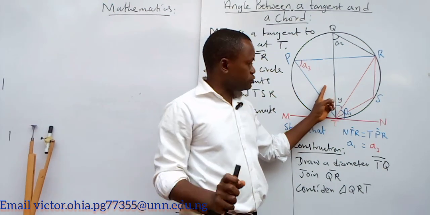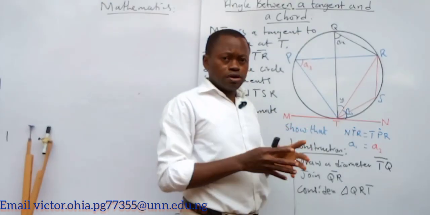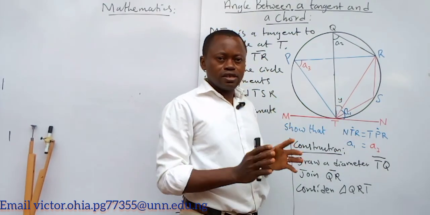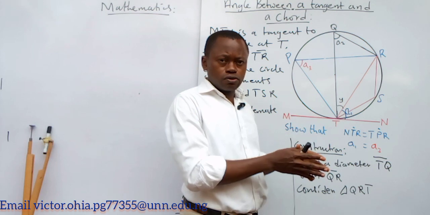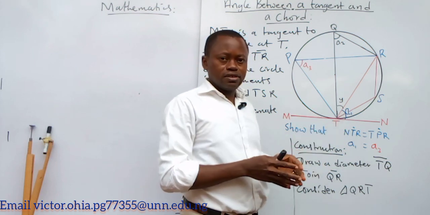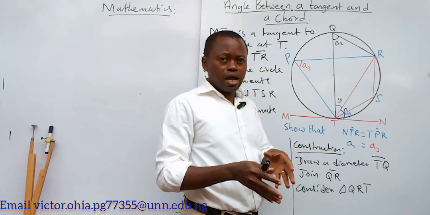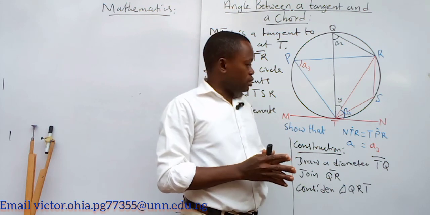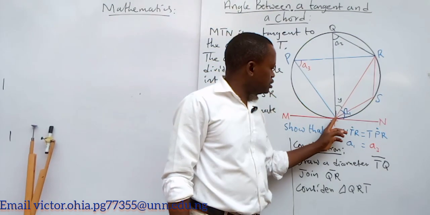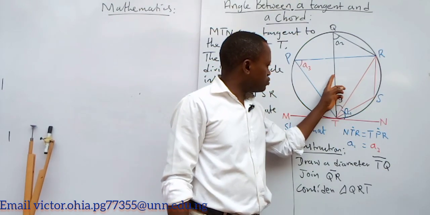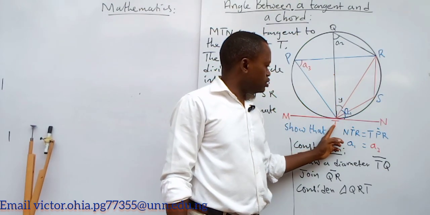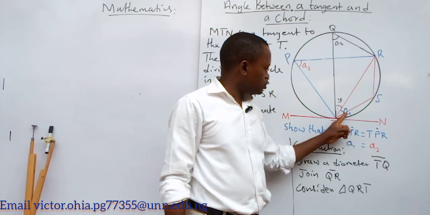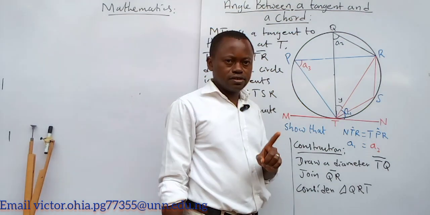The theorem of radius and tangent says that a line drawn from the center of the circle to a tangent is at right angle to it, meaning it is 90 degrees. So the angle at the center between T and N is 90 degrees, meaning that Y plus A1 is 90 degrees.